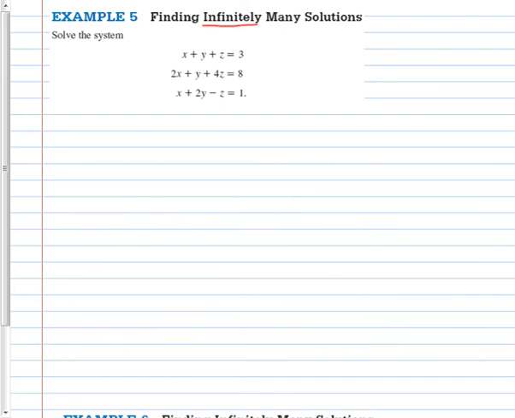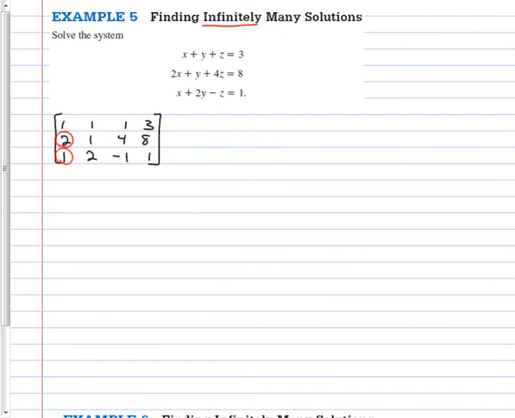We get to practice with row echelon form, and we'll see what happens here. Well, let's start with our first matrix. 1, 1, 1, 3. There's our first row. 2, 1, 4, 8, 1, 2, negative 1, 1. Row 1, just like we want it. So let's eliminate here and here.